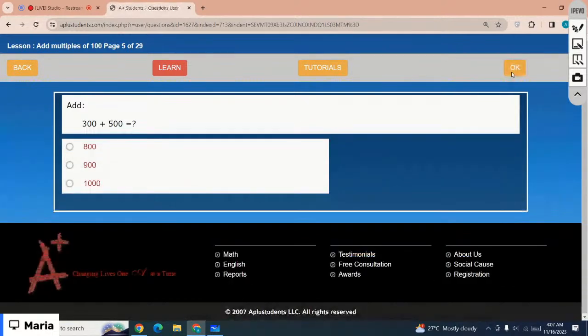Okay, the next one is add 300 plus 500, so which is the correct option? 5 plus 3 is 8, so it is 800. The correct option is 800.